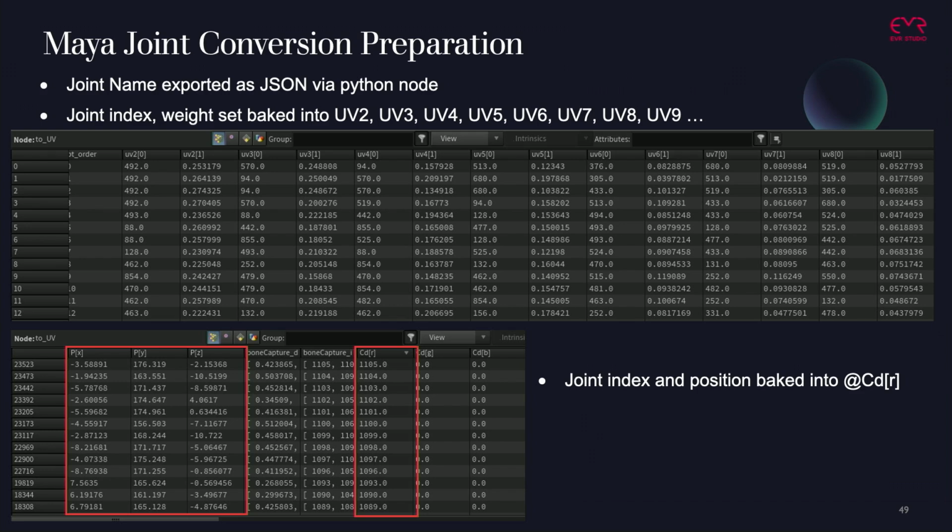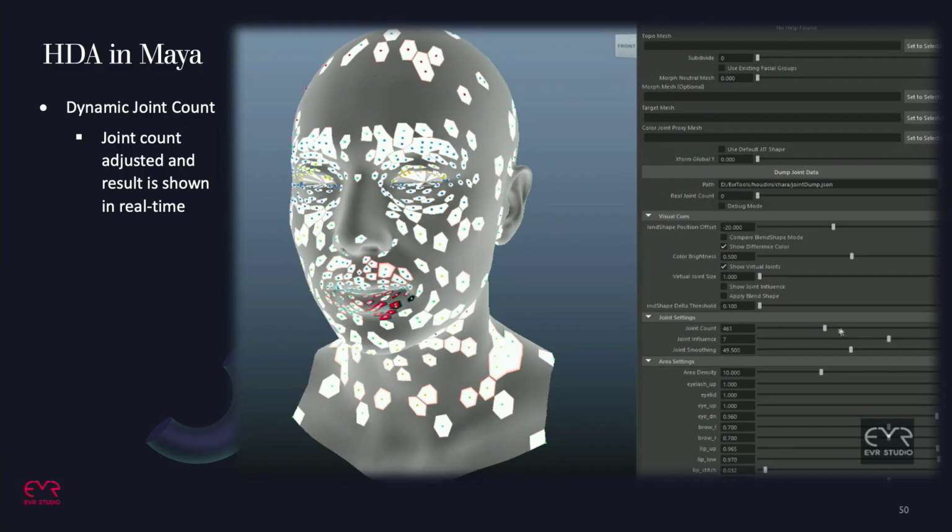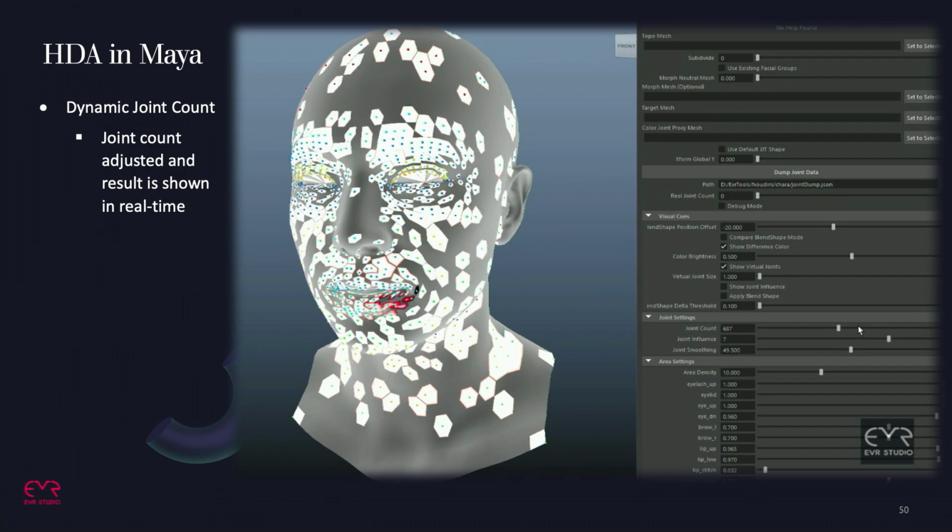Then each point with its influence joints and their weights are converted to UV2, UV3, UV4, UV5, UV6, and so on. Also, the point color attribute was baked with joint index as its position. The position is later determined by Maya script by the actual point position which contains the color, which now prepares us for the Houdini digital asset loaded inside Maya.